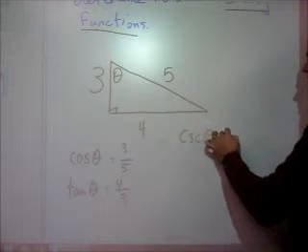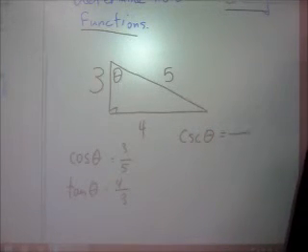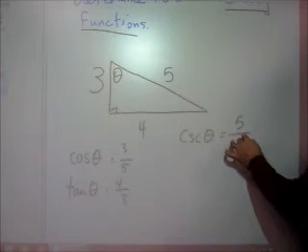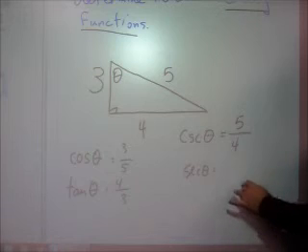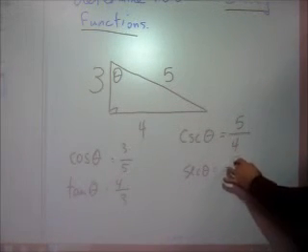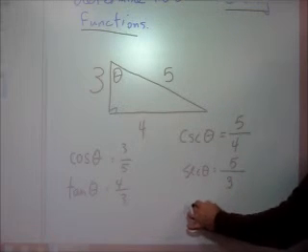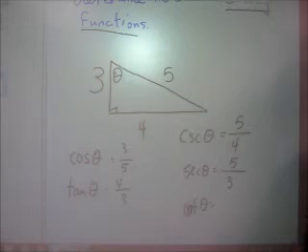We have the cosecant of theta is the reciprocal of which one? Sine. So that means we flip that fraction over as 5/4. The secant of theta is the reciprocal of which one? Cosine. So it is 5/3. And then the cotangent of theta is equal to? 3/4.